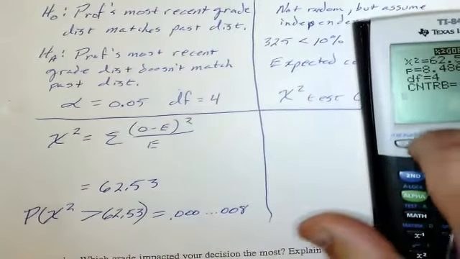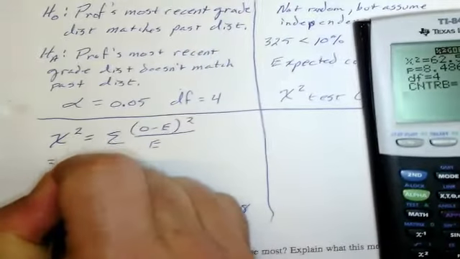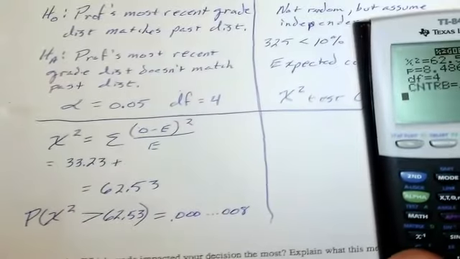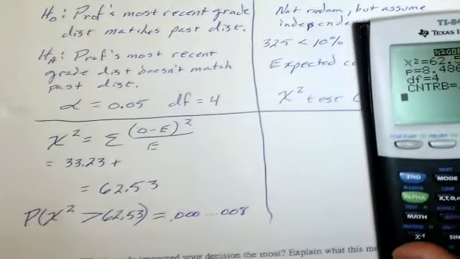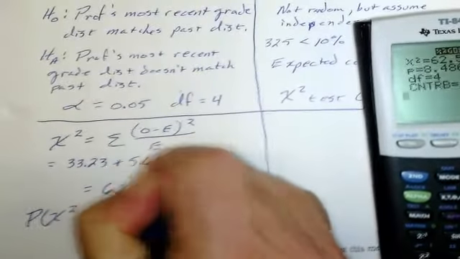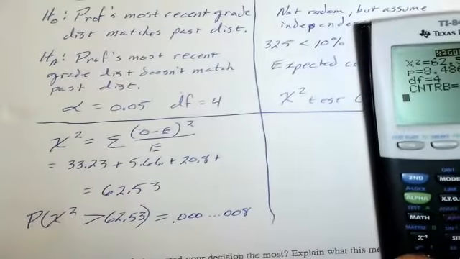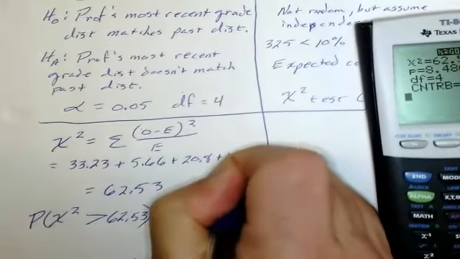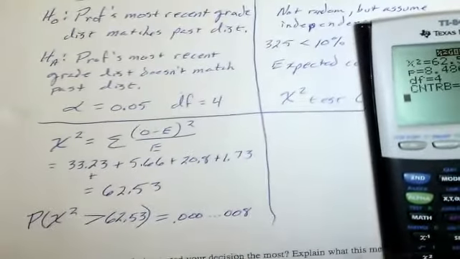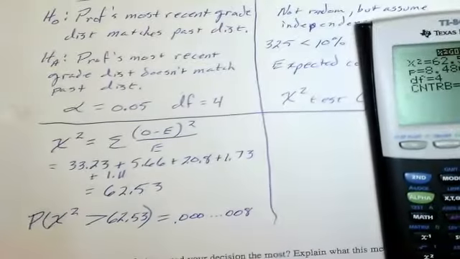But right here, these are the numbers that we're adding together to get our chi-squared: 33.23 plus 5.66 plus 20.8 plus 1.73 plus 1.11. So the sum of these numbers equals 62.53.